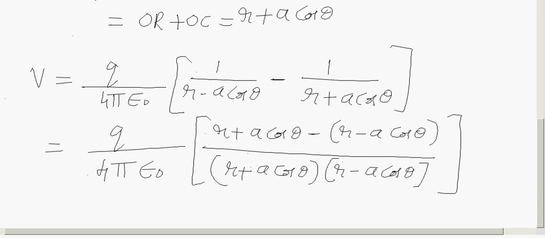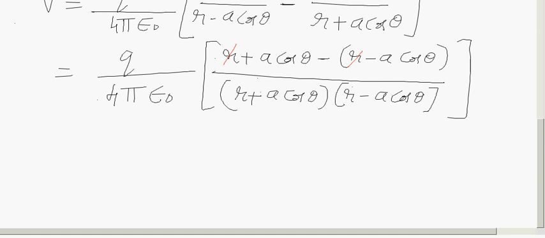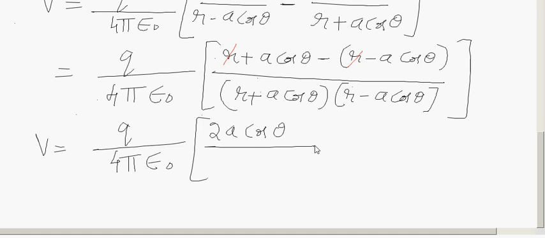Now simplify this. R will get cancelled, so minus of minus will become plus. So you will get V equal to q divided by 4 pi epsilon naught into 2a cos theta divided by R square minus a square cos square theta.